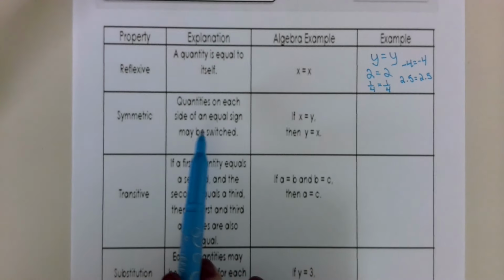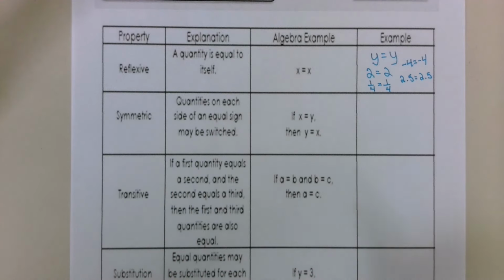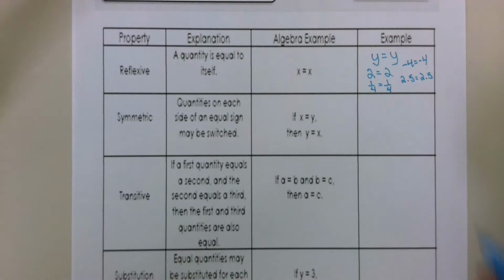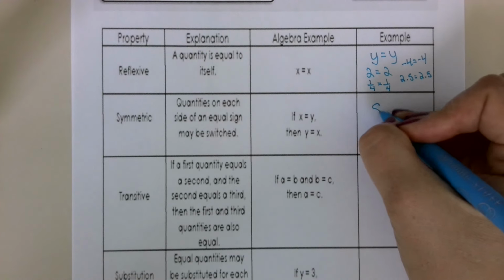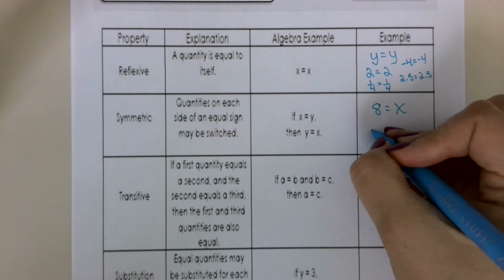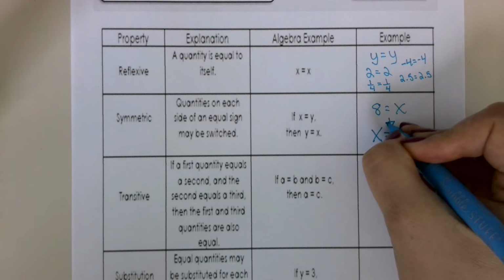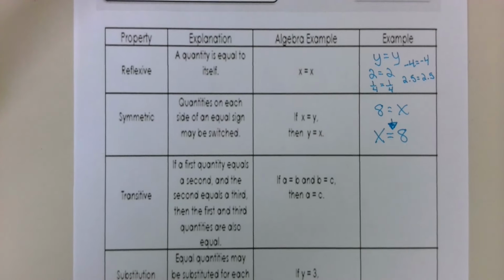The symmetric property says quantities on each side of an equal sign may be switched. Where I really like to do this, if I come up with an answer like 8 equals x, I like to use the symmetric property to write x equals 8. That is the property that allows me to do that.